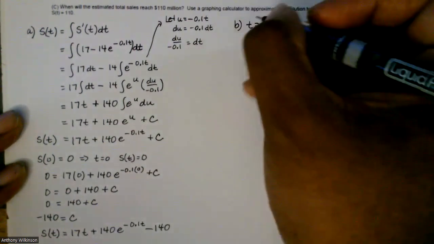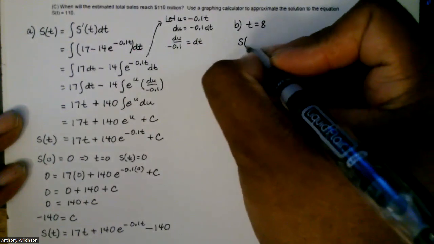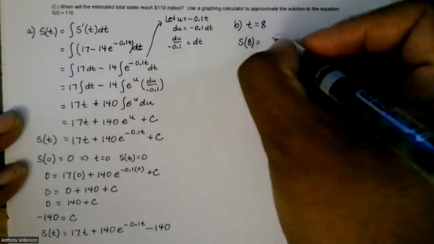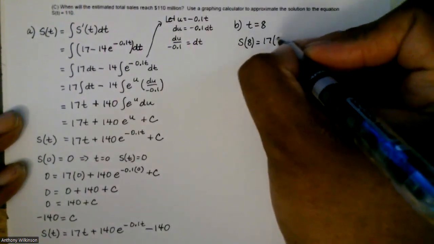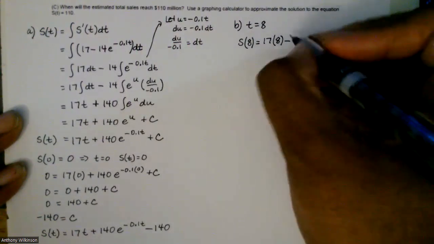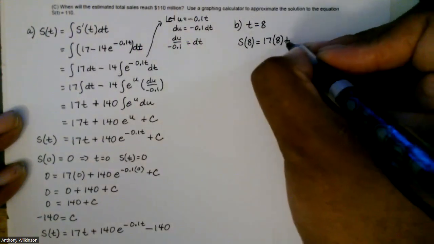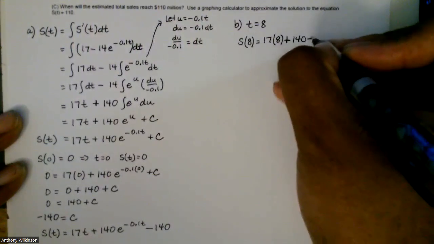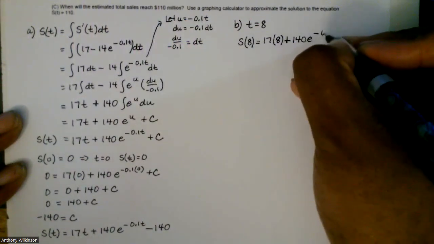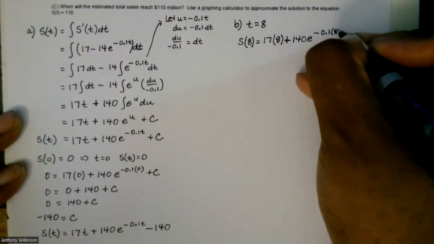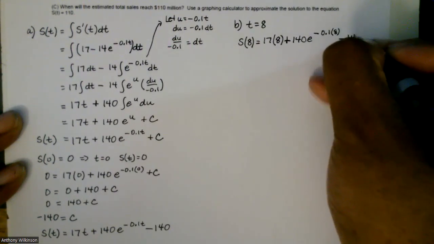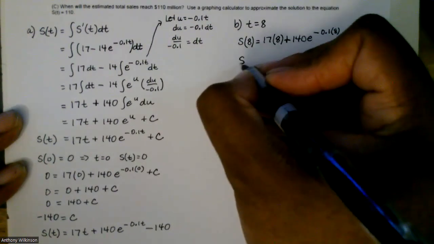So S of 8 is equal to 17 times t, which is 8, plus 140 e to the negative 0.1 times t, which is 8, minus 140.